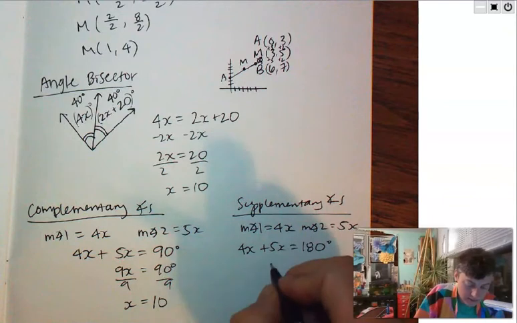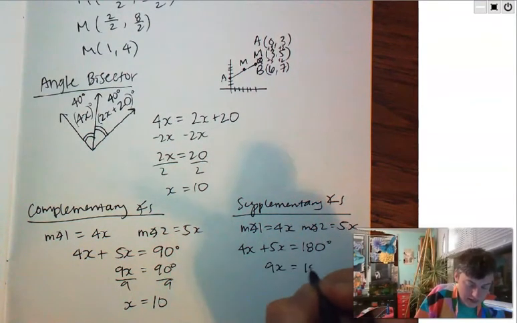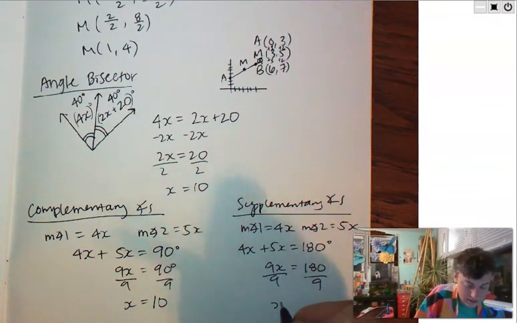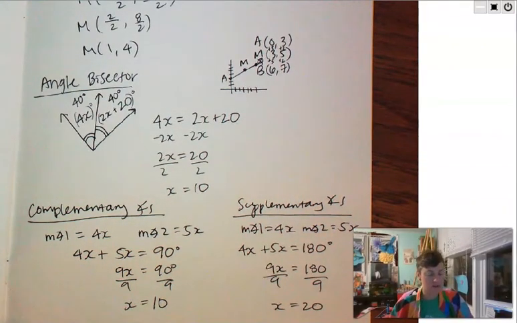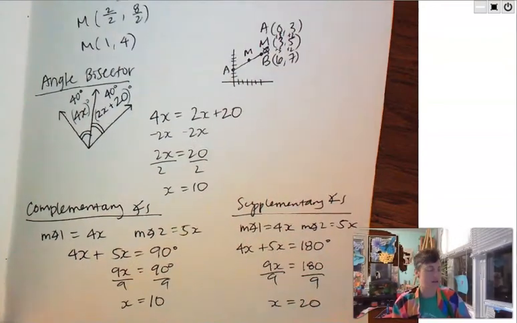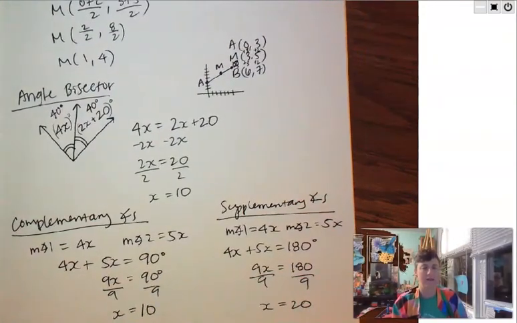Combine my like terms, I'd get 9x equals 180, divide by 9, and get x equals 20 this time. Complementary adds to 90, supplementary adds to 180. All right.